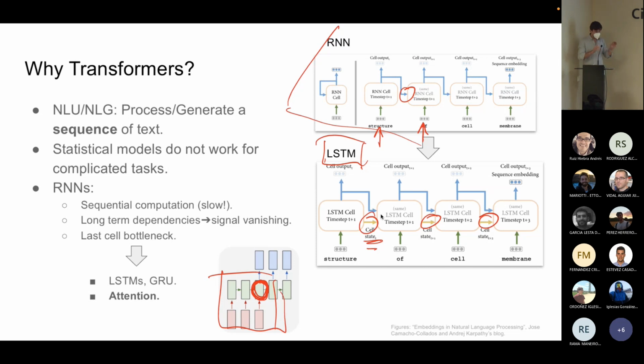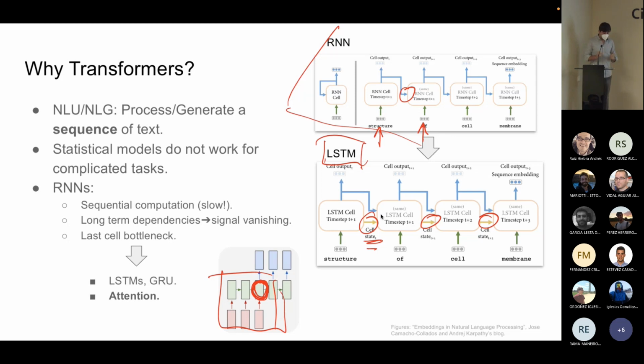In that point, we have read the whole English sentence, and we need to start generating the French. So all the information from the English sentence must be in that state. That is a bottleneck, because the sentence might be very long or may have a lot of detail in the meaning, and that doesn't allow us to translate complex sentences.